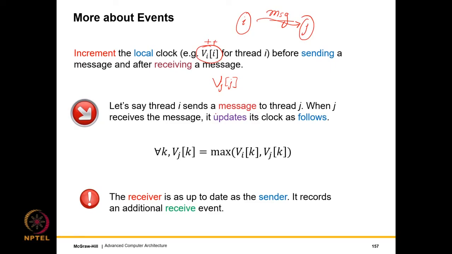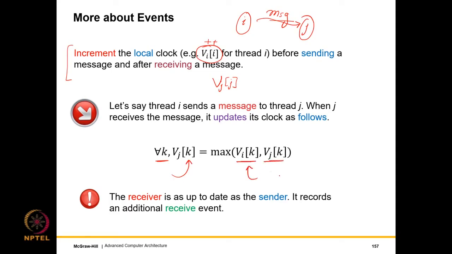Now let's say that thread I sends a message to thread J. When J receives the message, along with incrementing its local clock, which has already been mentioned over here, it updates its vector clock as follows. For all k, Vjk is set to the maximum of Vik and Vjk.